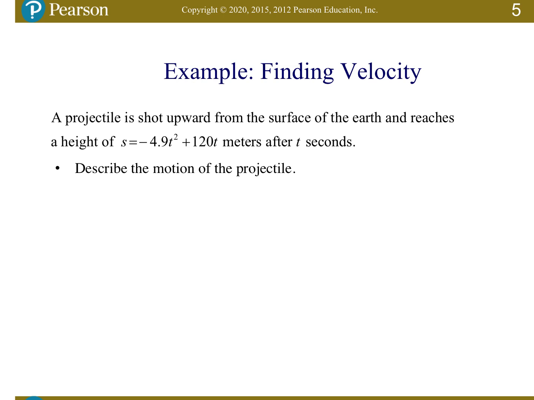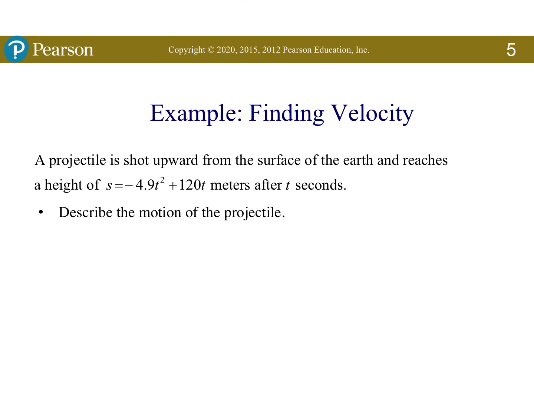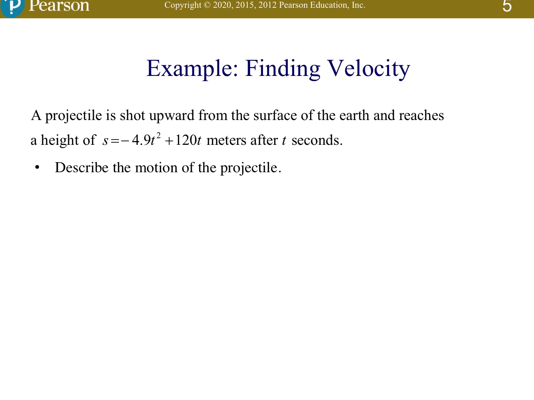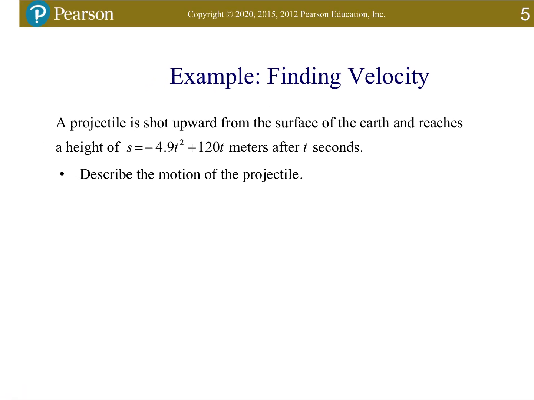This is at rest at 12.2. Describing the motion is what does it do before 12.2 and what does it do after 12.2. So when you want to talk about the projectile, you first need to know about the at rest. So first find the moment of rest, which we already did, which was 12.2 seconds.